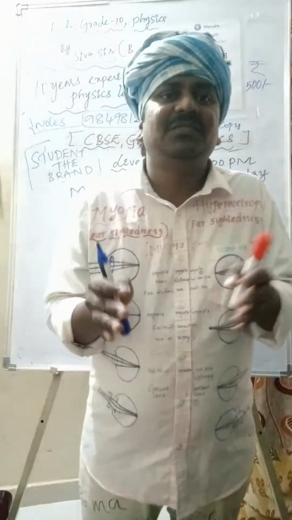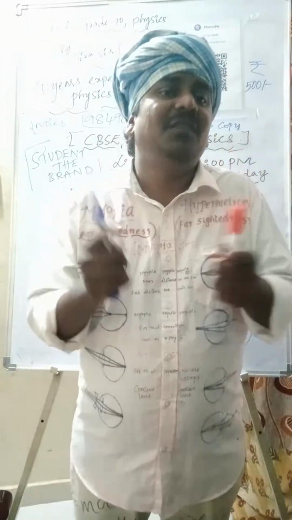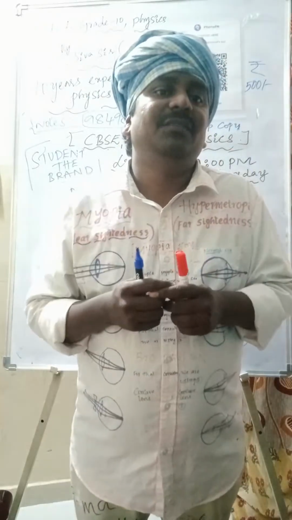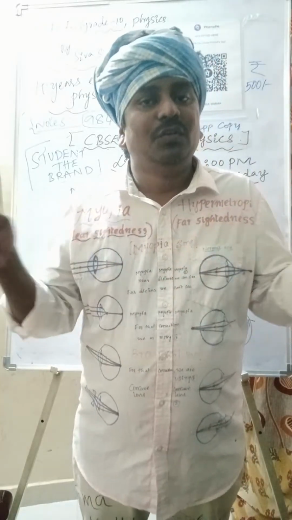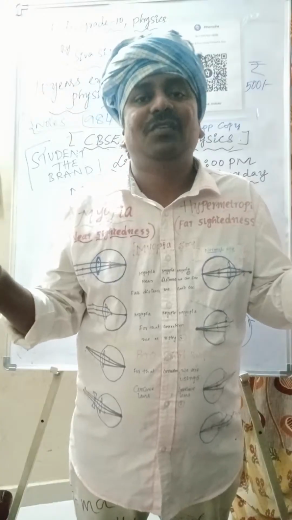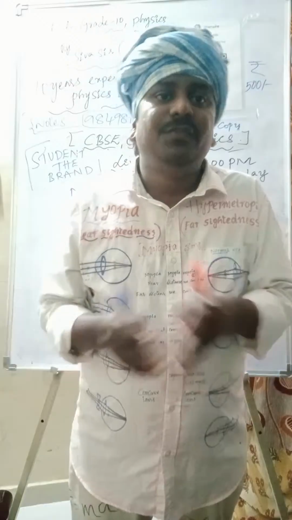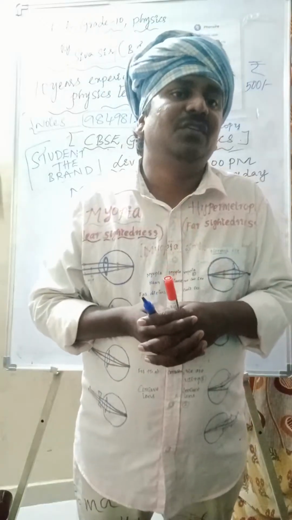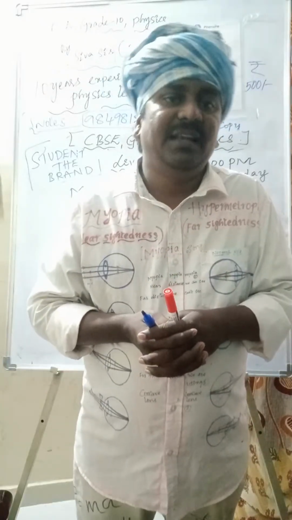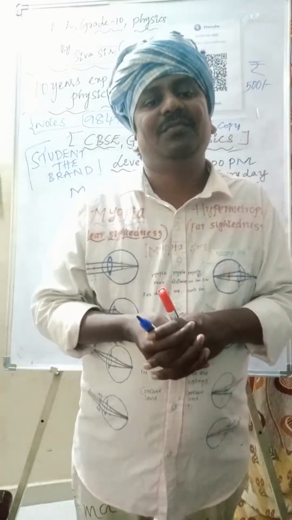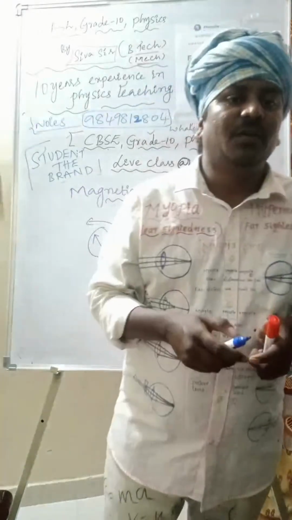So by this we can conclude only one thing: if you change the current direction, the magnetic field direction automatically also changes. I hope it is clear to you all.